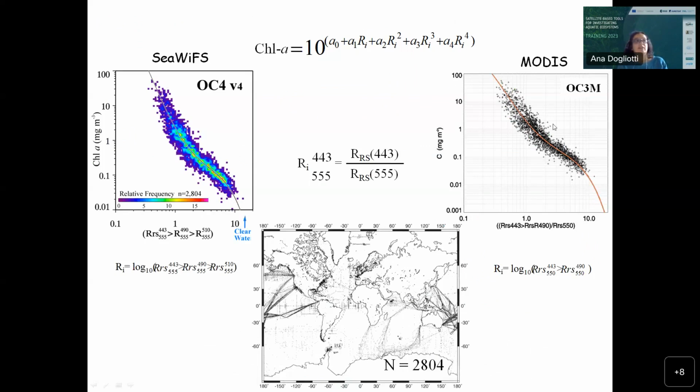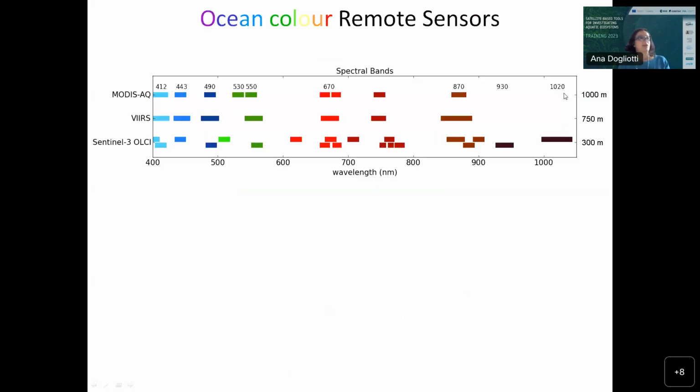So this is reflectance measured in situ, and chlorophyll concentration also measured in situ. And these are what has the relation that has been measured, and the line is the best fit of all this data. This is done for different sensors you have maybe already heard about.